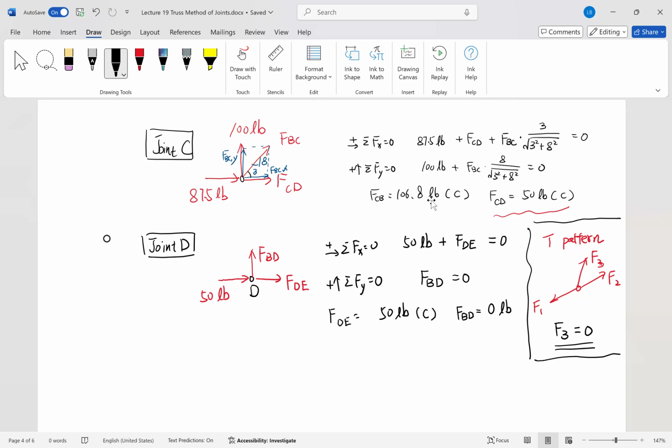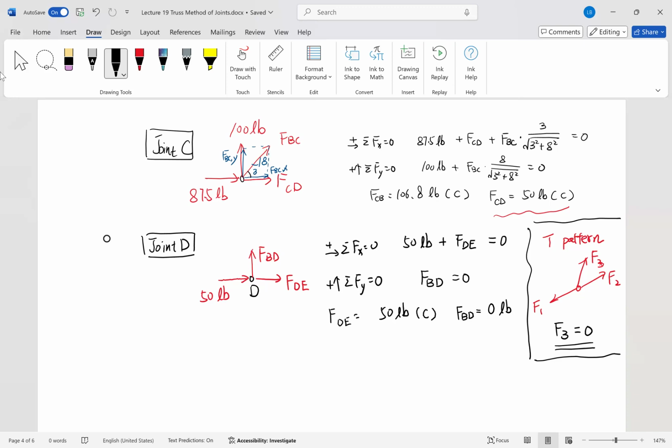Actually, in a free body diagram, if you see a T pattern, the third force that is not along the same line as the first two forces has to be 0.